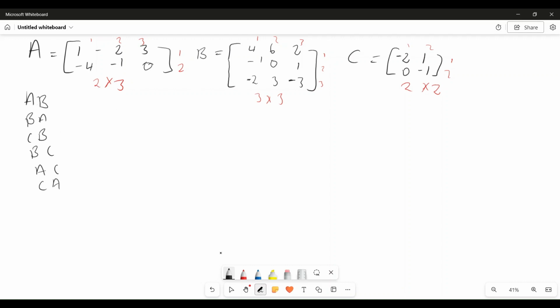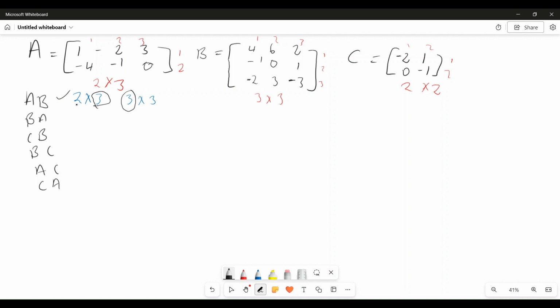Since A is the starting matrix there, what is going to happen is that we're going to write down the order of A first. Okay, so I'm just going to do it one more time so you guys can get the jinx of it. Then followed by the order of B, which is 3 by 3. Okay, then from there, what I know is that I want this number here, the columns of A, to be equal to the number of rows in B. Okay, so since these two numbers are the same, we know that the product AB is defined.